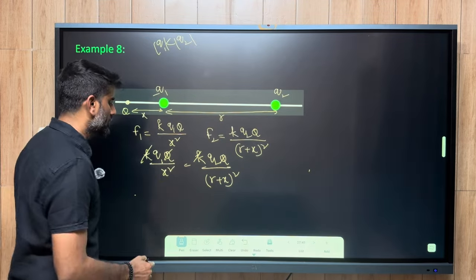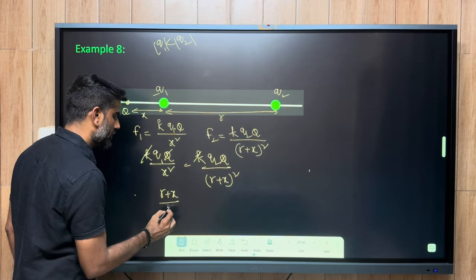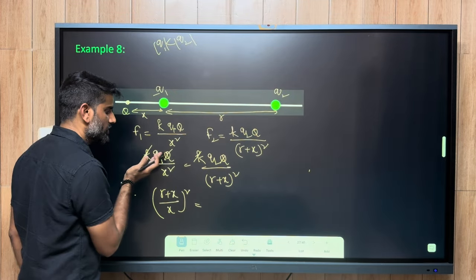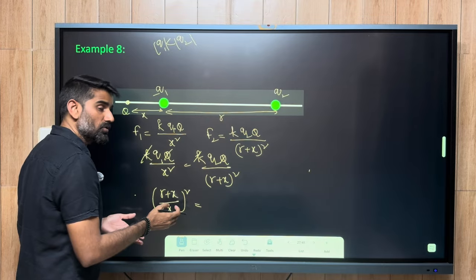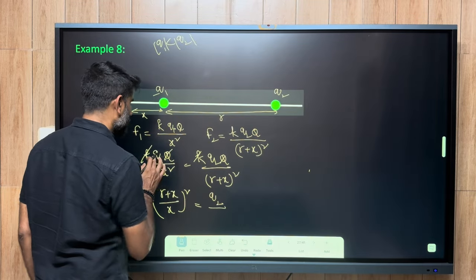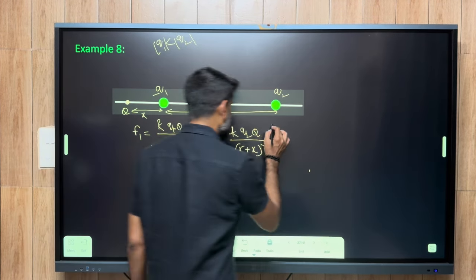Now K will get cancelled, Q will get cancelled. To simplify it further, (R plus X) by X whole square is equal to Q2 by Q1, since both terms have squares.